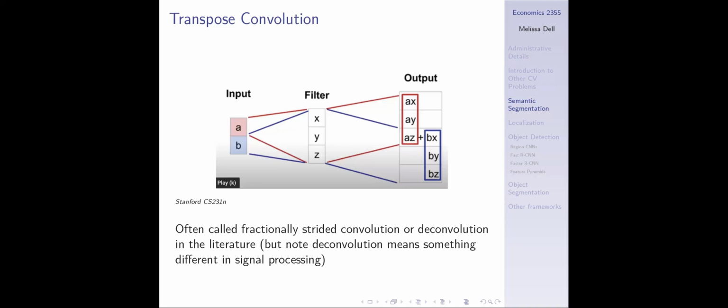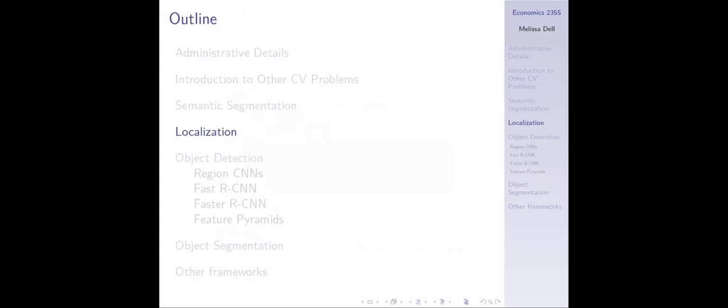But this is what it's doing: taking this low resolution, semantically rich output and upsampling it in a learnable way. You're learning all these filter weights back to the original image, which will then be trained with the pixel by pixel loss to give you your masks.